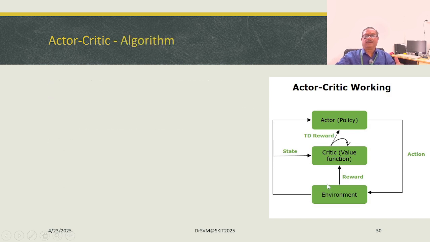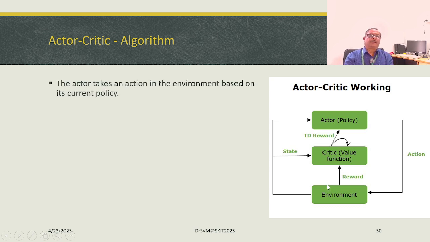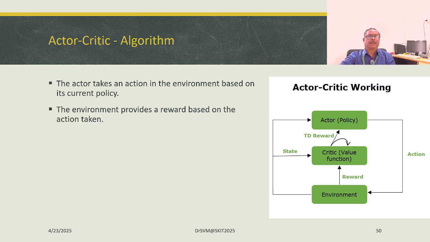So how does this whole algorithm look? The first thing is the actor starts taking action on the environment based on the current policy. Some policy is decided, and based on that policy, the actor will take some action. Because of this action, definitely the state of the environment is going to change, and the environment is going to produce a reward.